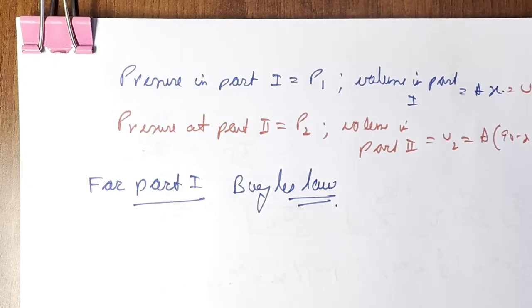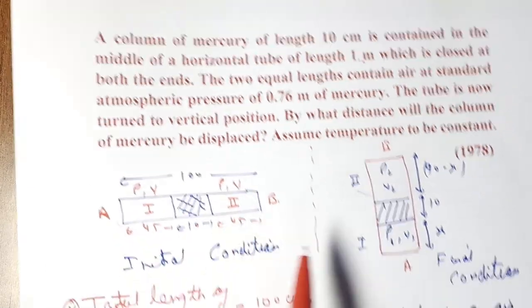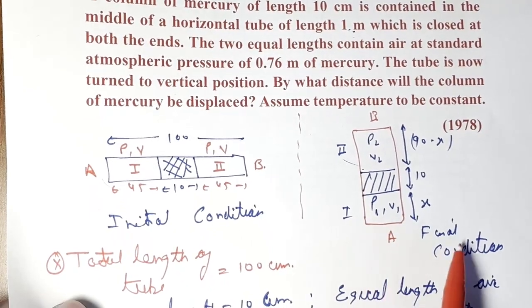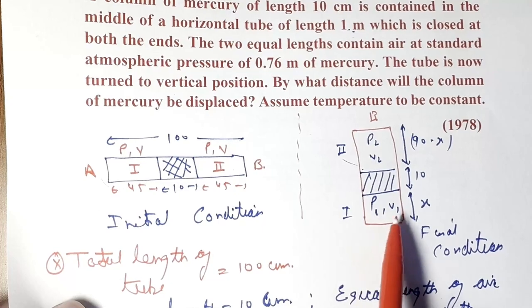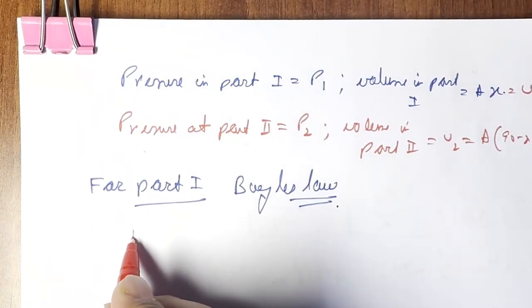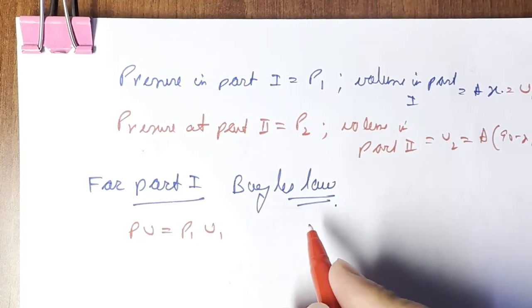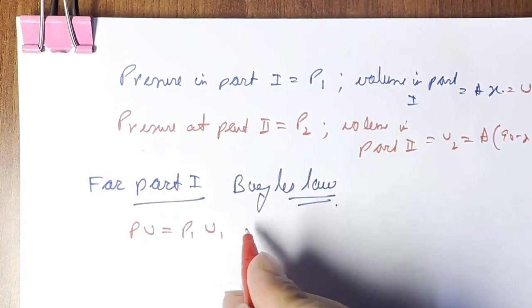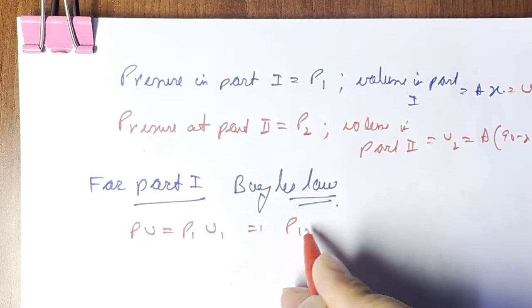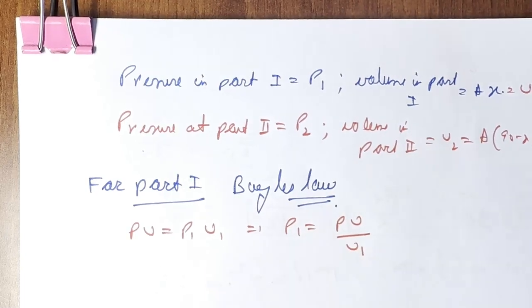In the initial condition, pressure is P and volume is V, and in the final condition the volume is V1 and the pressure is P1. So we can write PV = P1 V1, and from here P1 = PV divided by V1.